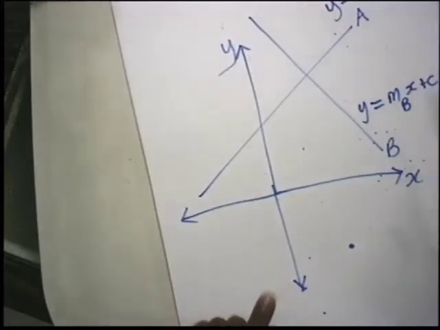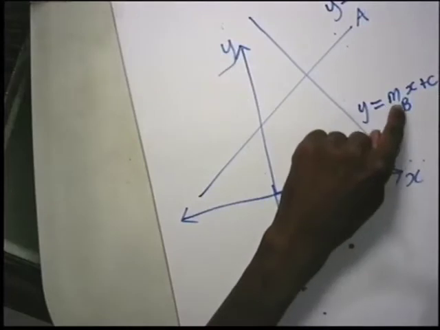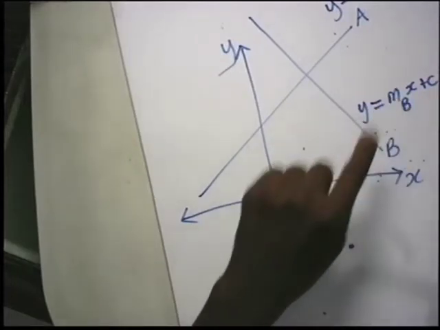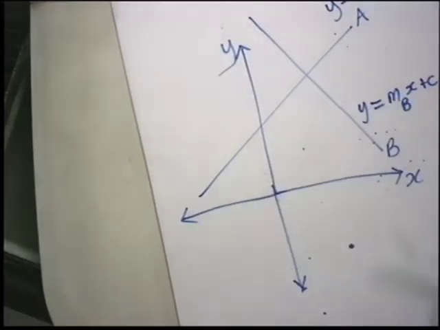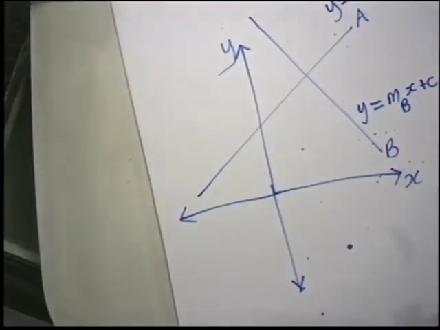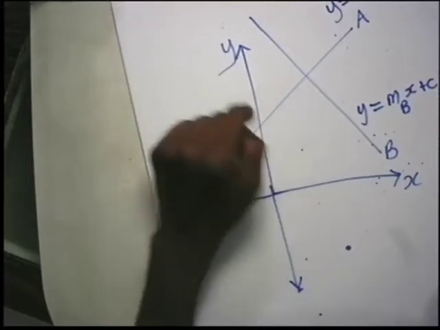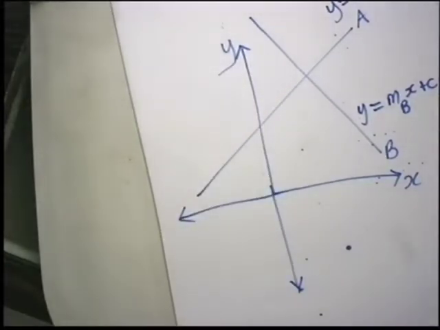I'm using ma here to represent the gradient of that line, and mb to represent the gradient of line B. Now if we want to solve these two equations, we want to find the values of y and x.